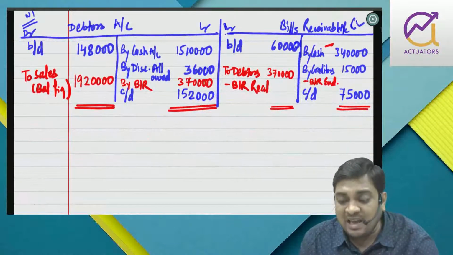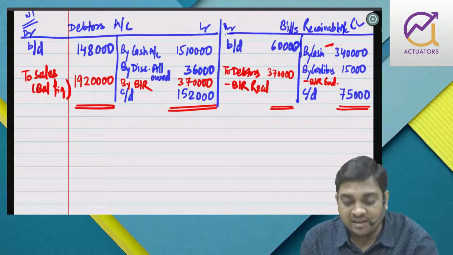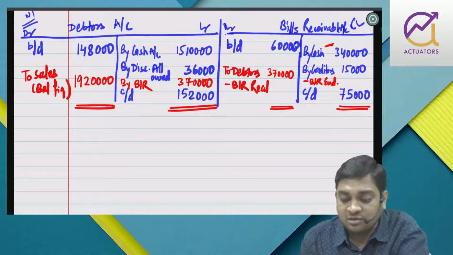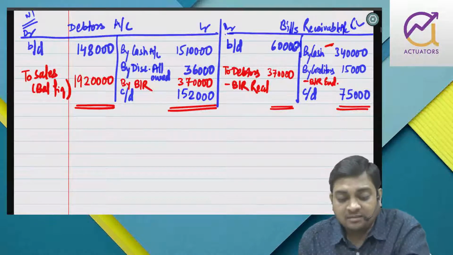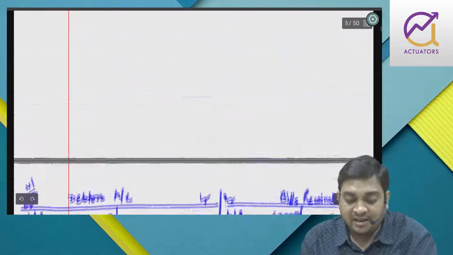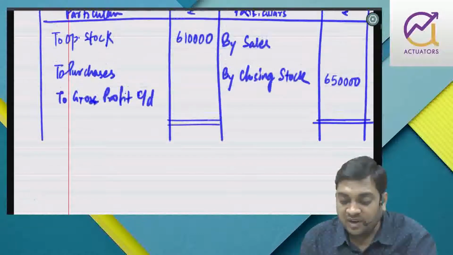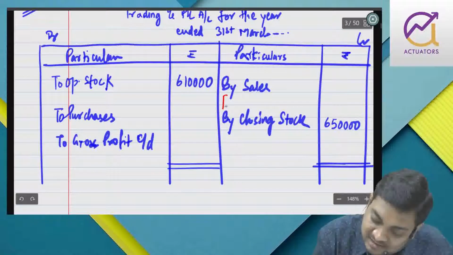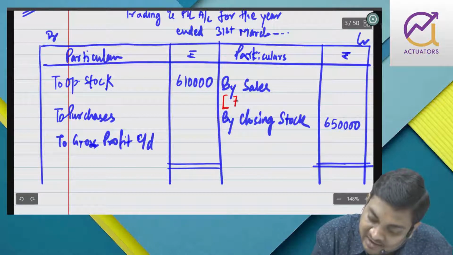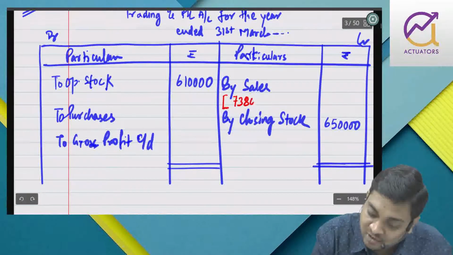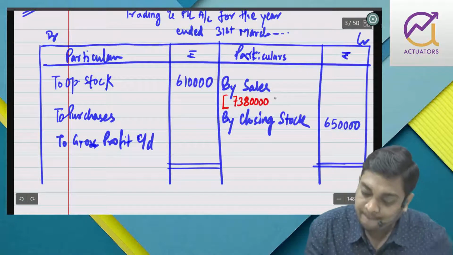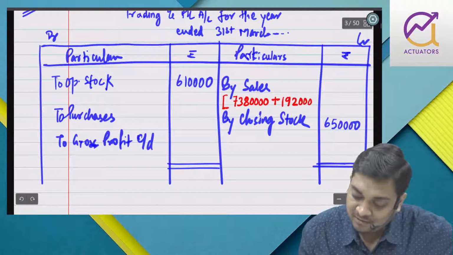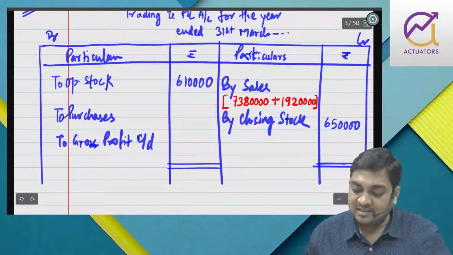So from BR we got bills received during the year, that you put in debtor, right? Your customers accept your bill. So this is that, and then you get credit sales 19 lakh 20, right? So now when you put it here, it is like this: 73 lakh 80,000 is your cash sales, plus 19 lakh 20 is your credit sales.